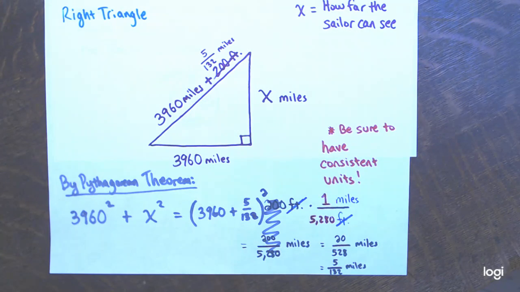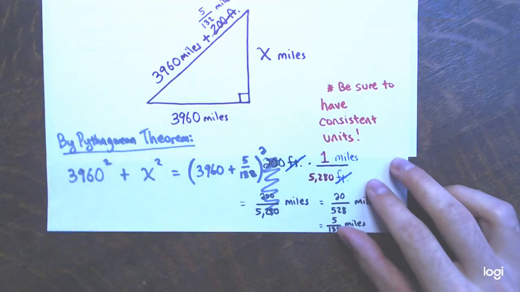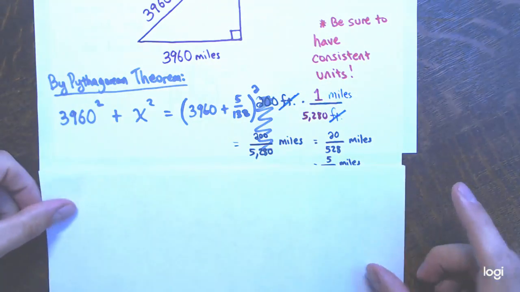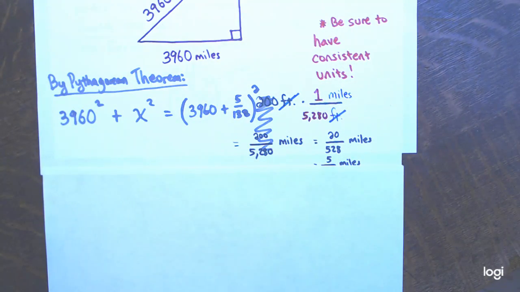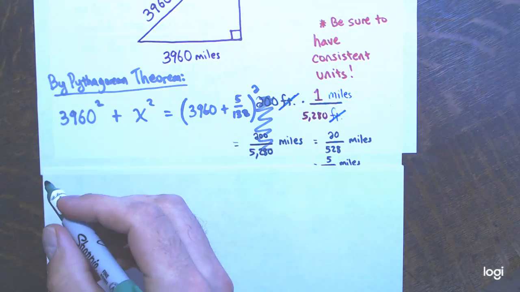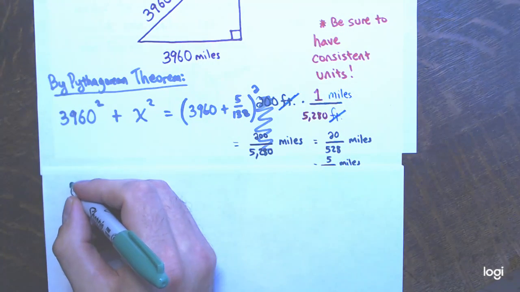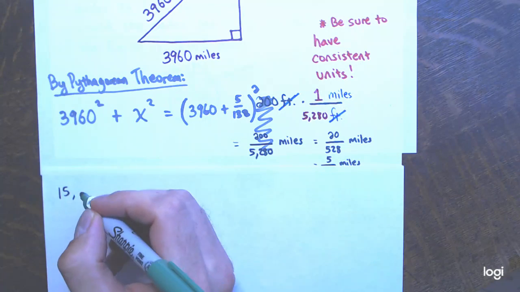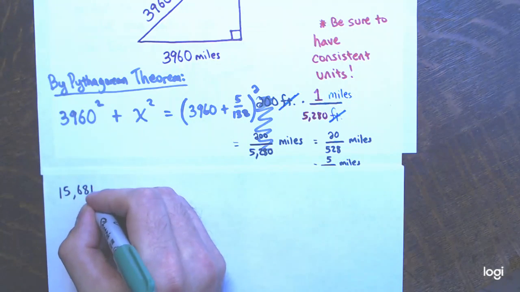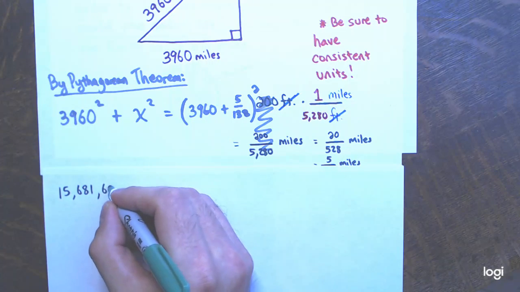Because these numbers are pretty large, I'm actually going to use a calculator here. Nothing wrong with that when the numbers get too gaudy. So on the left side, 3,960 squared is a very large number. That's 15,681,600.